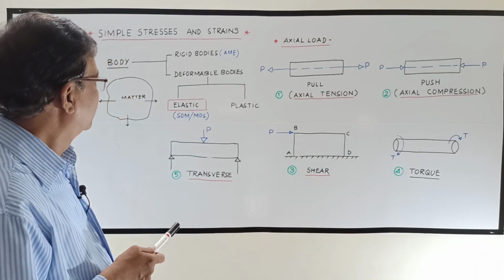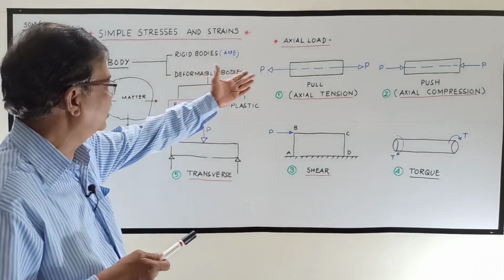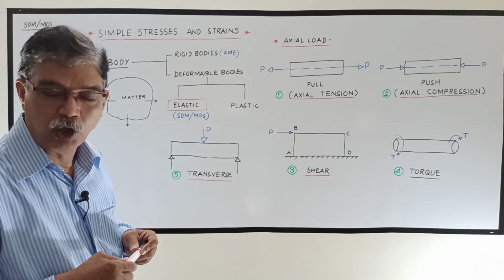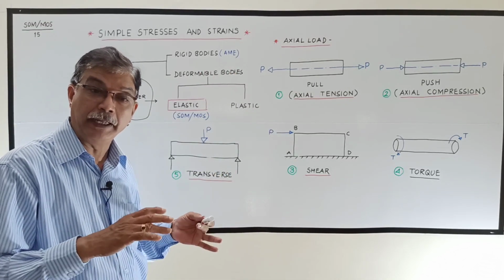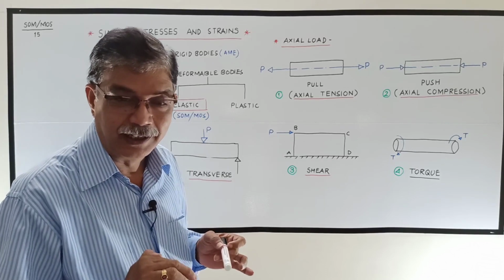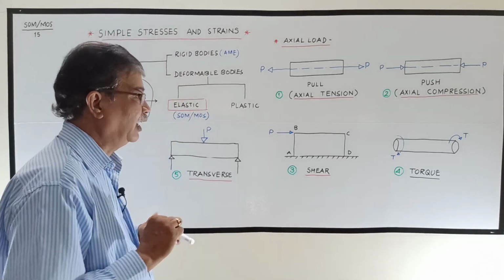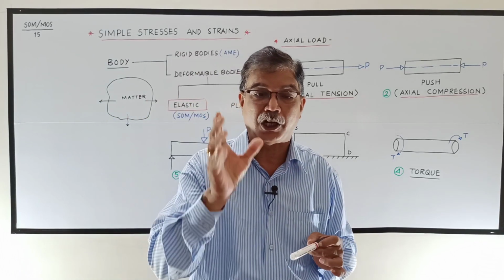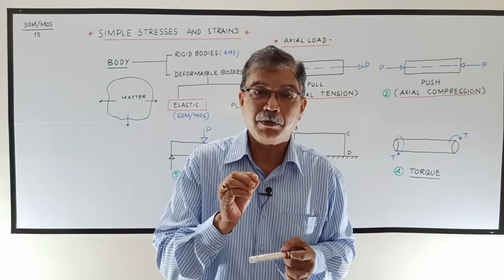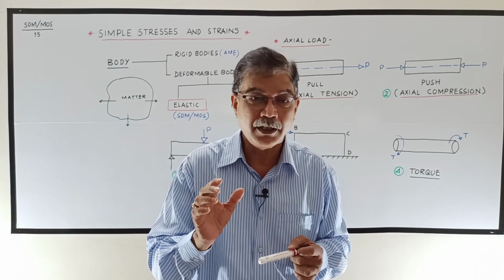Now I have already told you that all the bodies are elastic in nature. So whenever load is applied, they will deform. Now that is what I am going to tell you about deformation. What do you mean by deformation of a body?